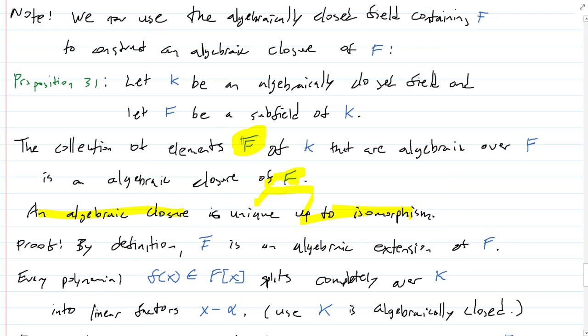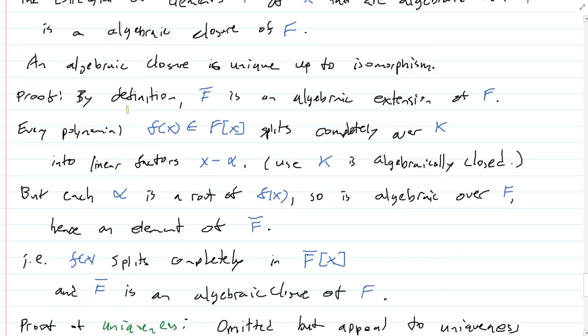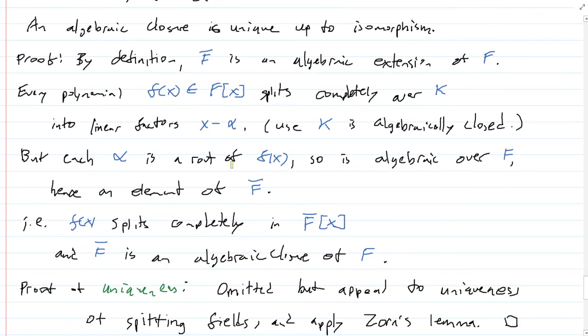So what we're saying is that the subfield consisting of algebraic elements over F is unique up to isomorphism. By definition, F bar is an algebraic extension of F. Every polynomial with coefficients in F splits completely over K into linear factors x minus alpha, and we're using the fact that K is algebraically closed.